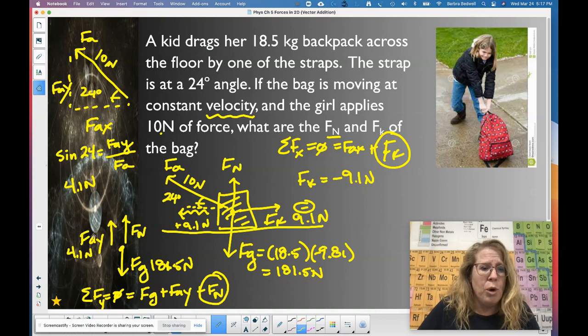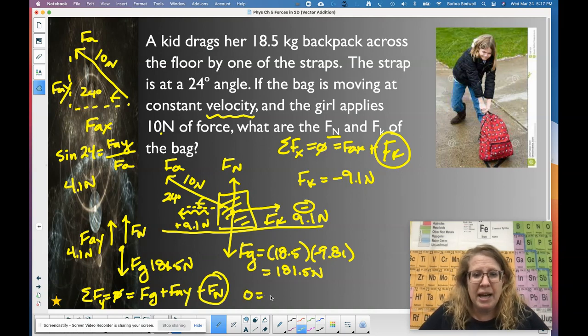So 4.1 plus Fn has to be equal to 181.5. Or you can say that all three of them add up to 0, whatever you want to do. The math is exactly the same. So 0 equals negative 181.5, the downwards force, plus the upwards force, 4.1 newtons, plus Fn, the other upwards force.